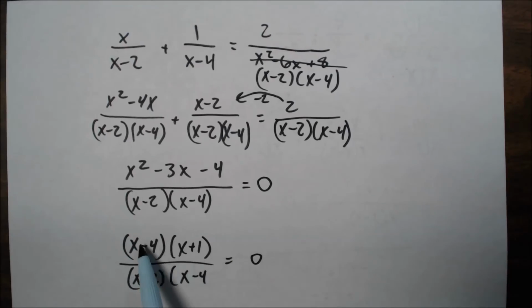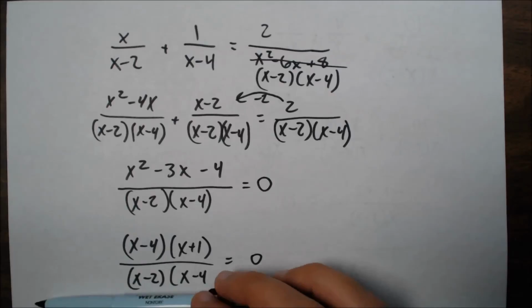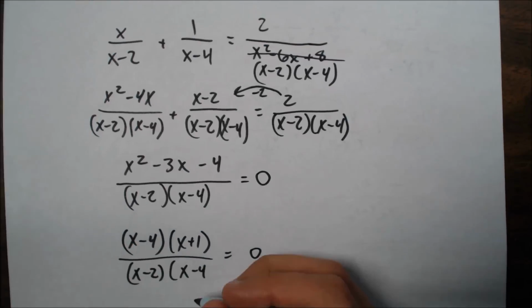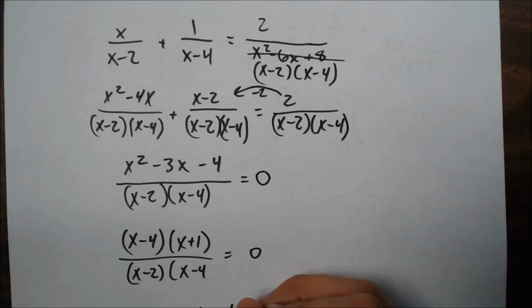So the question is, what would make the numerator 0? It would be 4 and -1. Remember that when something is factored, that's all you've got to look at. What would make these two factors 0? A +4 or a -1? So it would seem that the solutions are x equals 4 and -1.